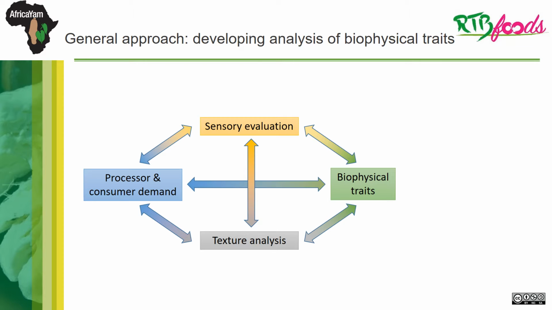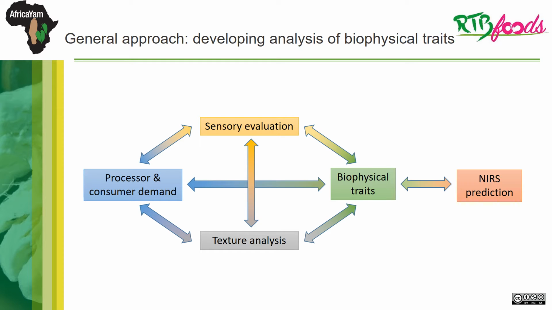biophysical tests that can predict either sensory evaluation result or textural instrumental measures, or directly to predict quality demand by consumer and processor. It is, for example, the case for the color. You can develop chemical tests for analyzing color.